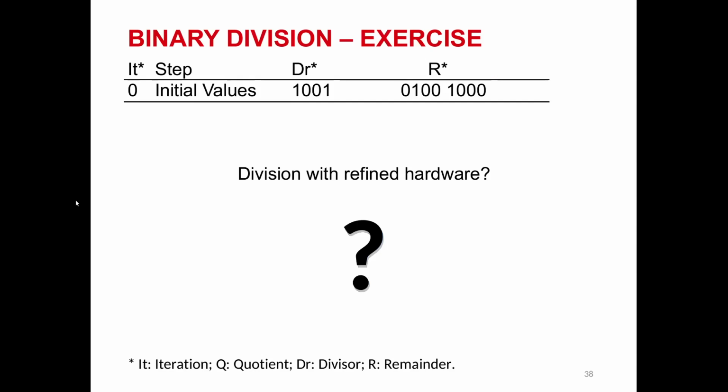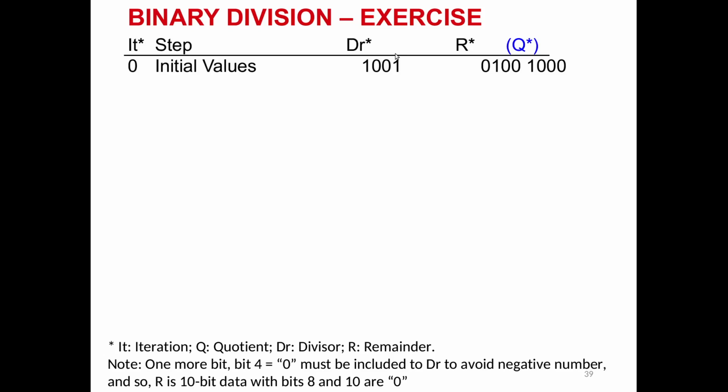So now we will show this exercise for the upgraded hardware for division. Here DR is 9 in decimal, or 1001 in binary, and R here will be 72 or 01001000 in binary. In order to make it easy to see how it works, the value of Q will be shown in blue from now on.